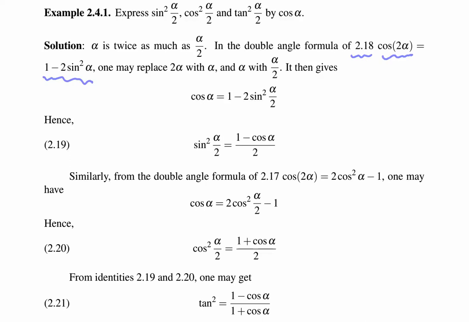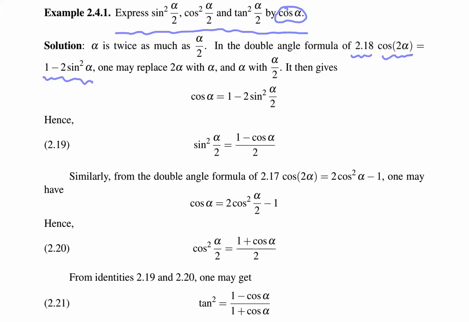Now, this question requires us to use cosine alpha to express sine alpha over 2 squared, cosine alpha over 2 squared, and tangent alpha over 2 squared, using only cosine alpha. That means if we know cosine 2 alpha, then we know all three values here.